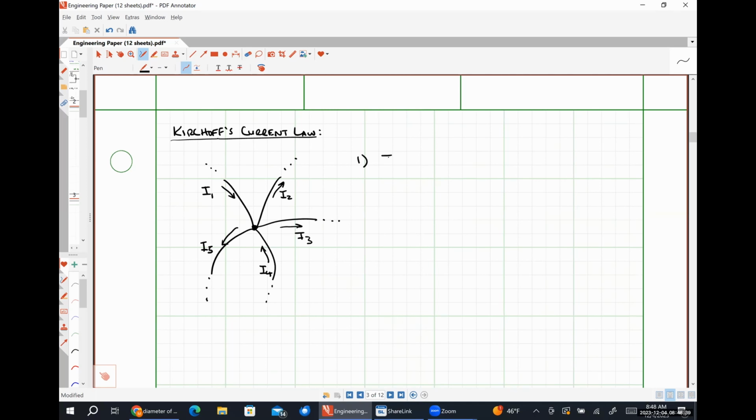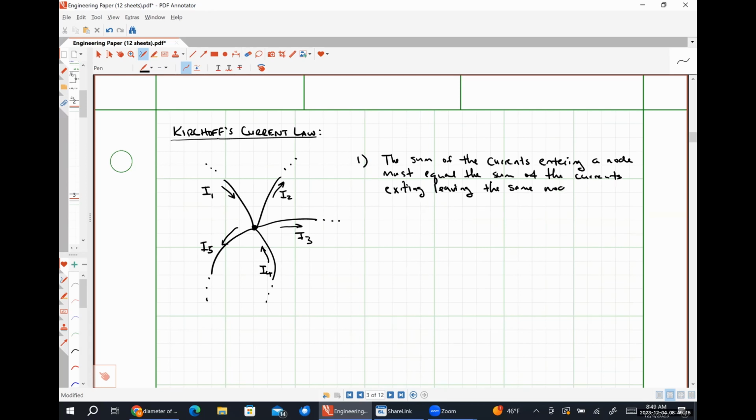And that is that the sum of the currents entering a node must equal the sum of the currents exiting or leaving the same node.